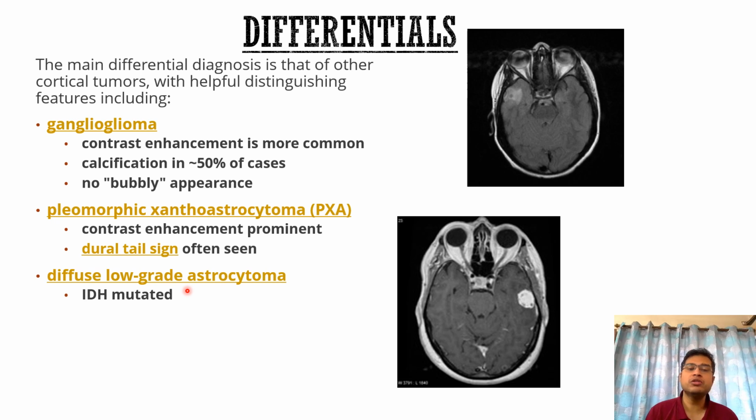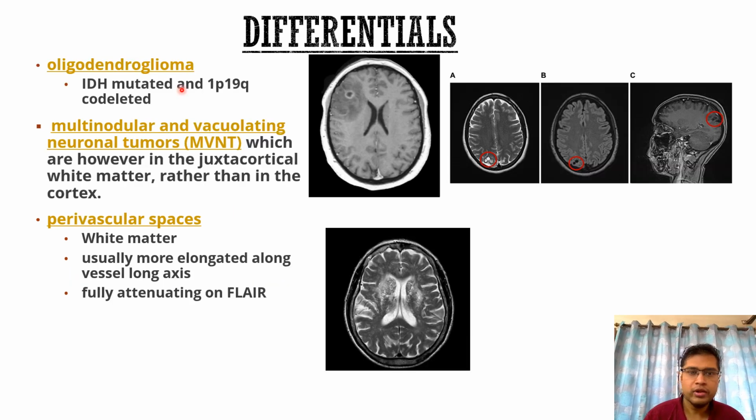Then coming to diffuse low grade astrocytoma, as I already discussed, where we see T2 flare mismatch sign, it does not usually have a bubbly appearance and will show a choline peak on MRS. And oligodendroglioma is also a cortical based tumor, which is IDH mutant 1p19q co-deleted.